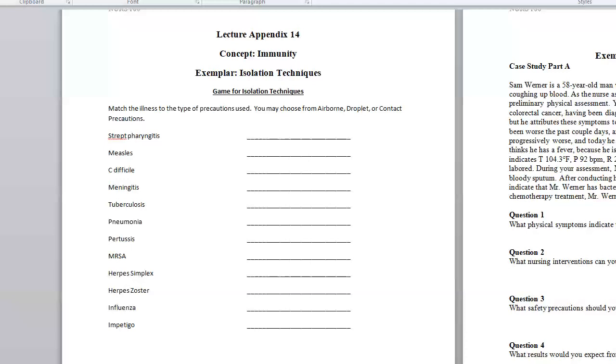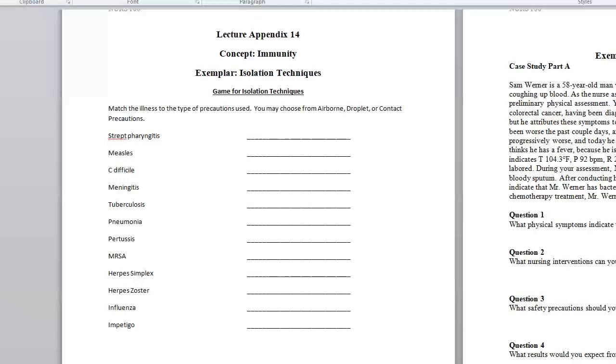What type of illnesses transmit their organism in that way? One is the measles, or rubeola, varicella, and tuberculosis. So that's airborne precautions. Very, very small organisms that kind of stay in the air.